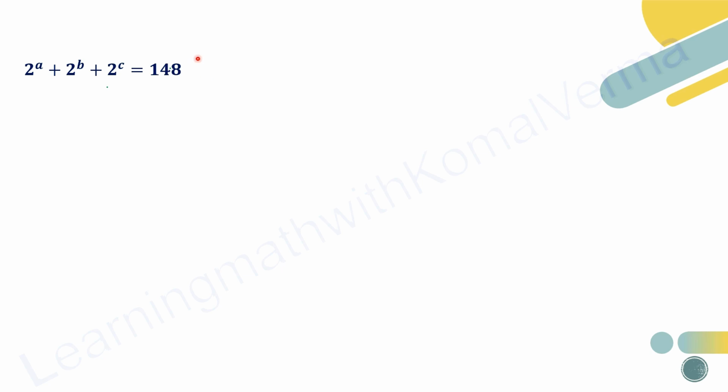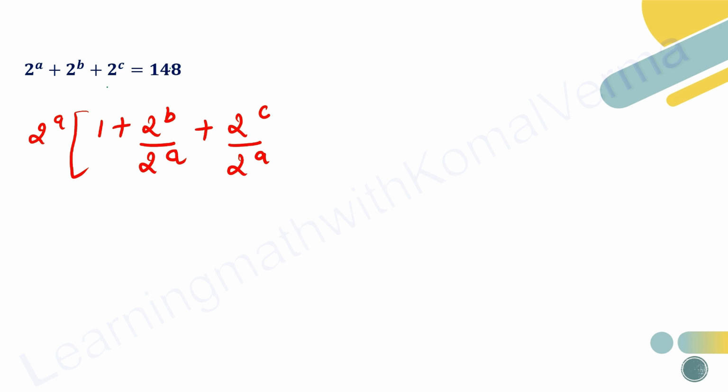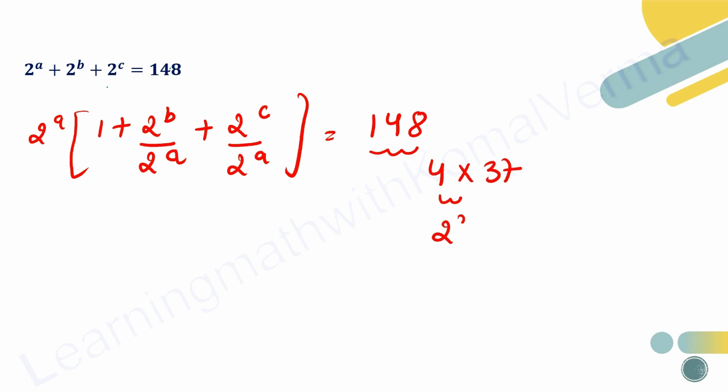So first of all, we rewrite our given equation and take 2 raised to the power a common from this. We get 1 plus 2 raised to the power b upon 2 raised to the power a plus 2 raised to the power c upon 2 raised to the power a is equal to 148. 148 can be written as 4 into 37, and 4 can be written as 2 raised to the power 2 into 37.